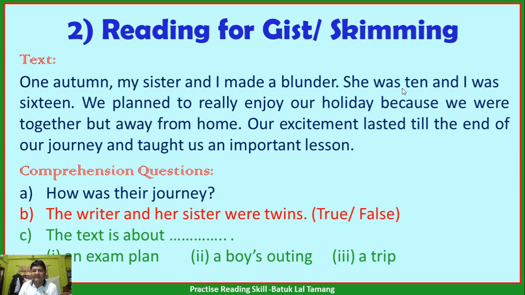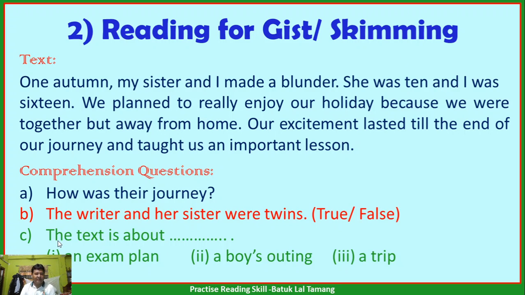After reading the whole text, especially this sentence, one is 10, other is 16, we came to the conclusion that they were not twins. That's why this is a false statement. In this way, we find the gist after reading this statement or this whole text.